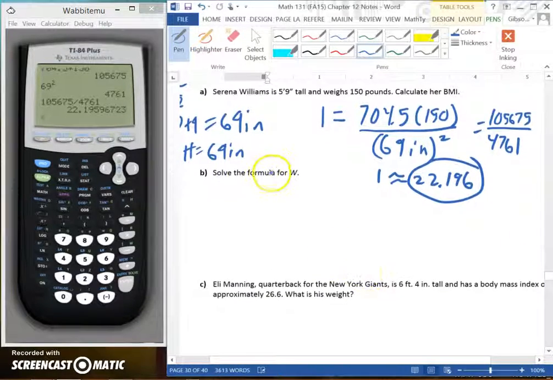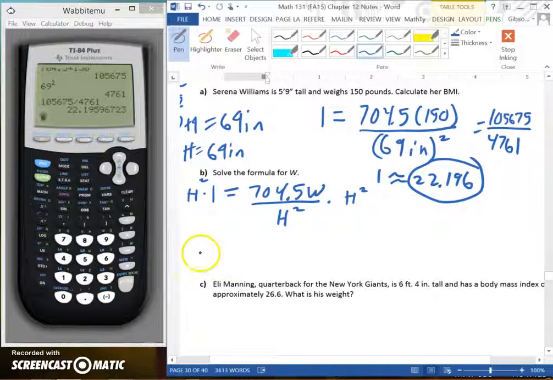Now it says solve the formula for W. We take the formula I is equal to 704.5 times W all over H squared. We want to get W by itself, so the first thing we do is multiply each side by H squared.